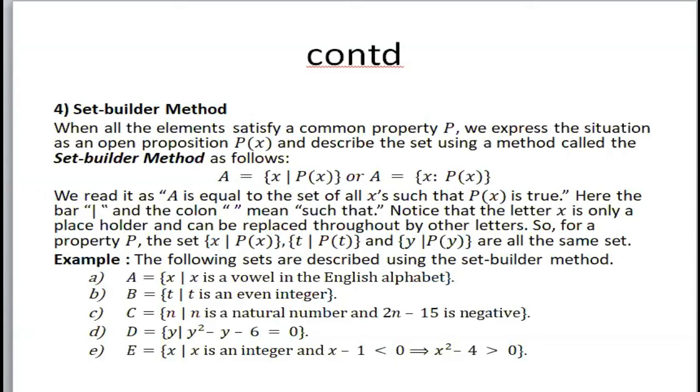Or set C is given by the set of all n such that n is a natural number and 2n minus 15 is negative. Which natural number makes 2n minus 15 negative? If you insert 1 in place of n, it will be negative 13, so it is negative.